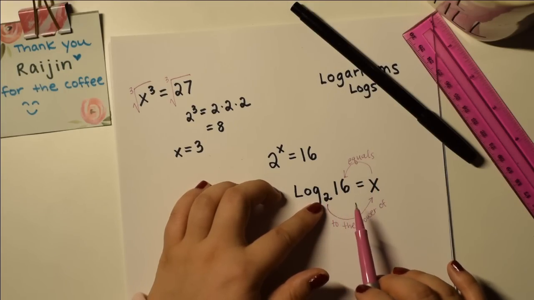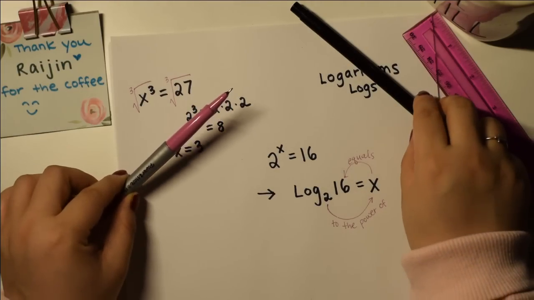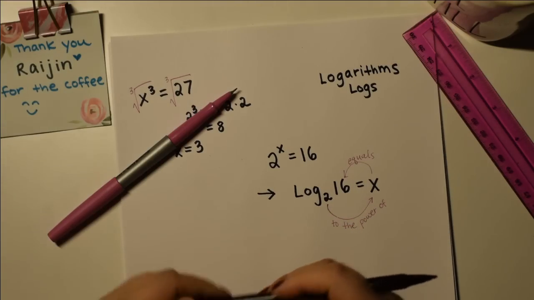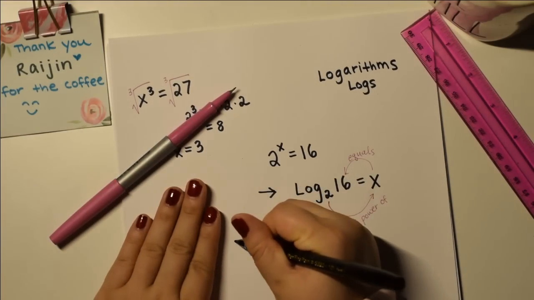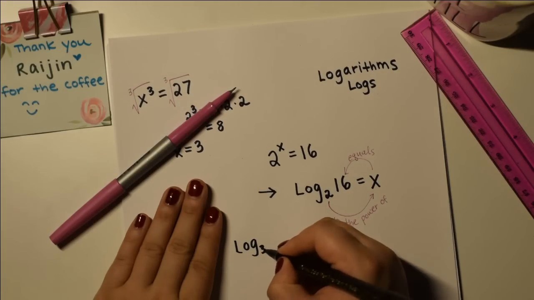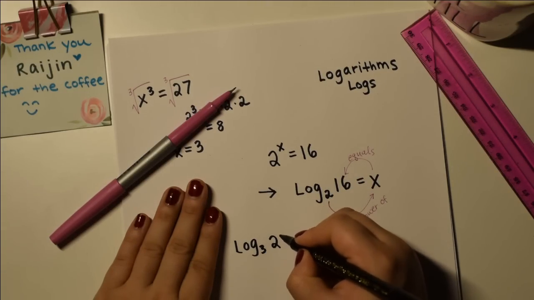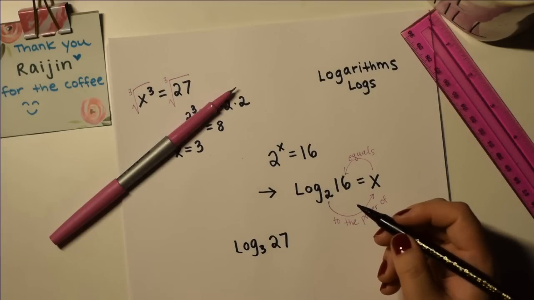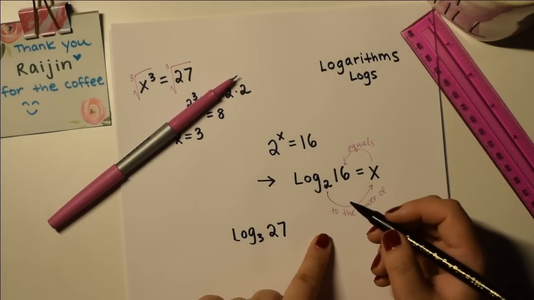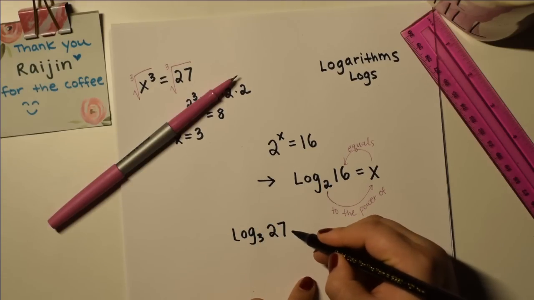That's the reason. So from here, you can start seeing we open a whole new world of log of base whatever. So log base 3 of 27. In my mind, I would now think 3 to the power of what number gives me 27.